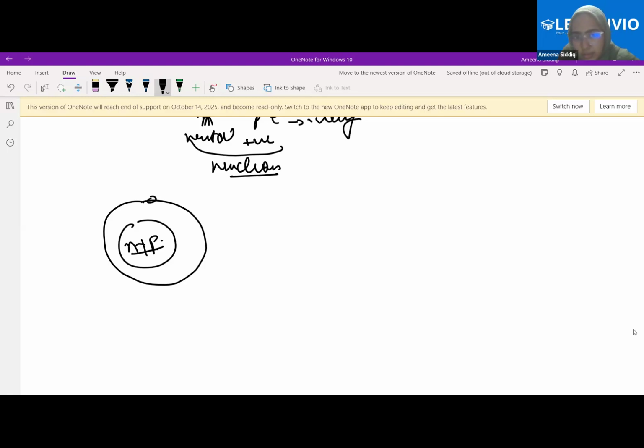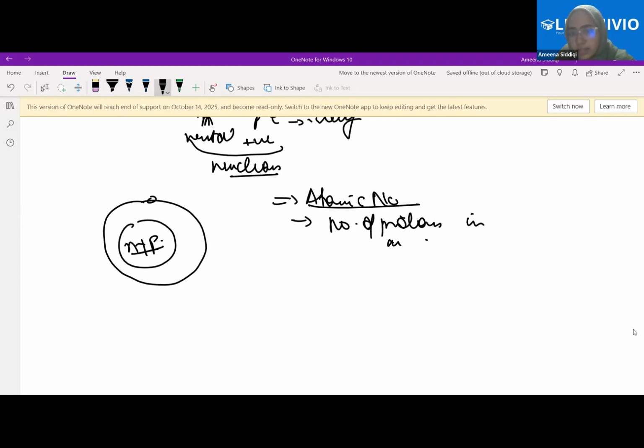The important thing here is, how do I know the number of neutrons, protons, electrons in an atom? You can know about the atomic number. How do I define the atomic number? The number of protons in an atom.